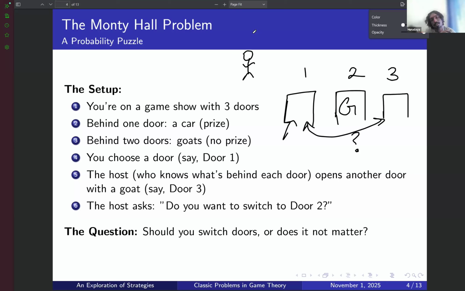But after the host opened one of the doors and showed that it had a goat, the chances of picking a car or a goat have become equal.